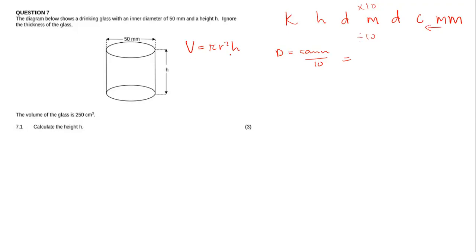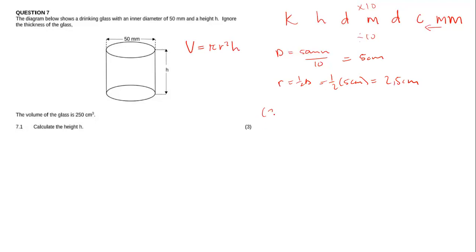It's going to be 5 centimeters. But remember, this is a diameter. The radius is half of the diameter. In this case, half multiplied by 5 centimeters gives 2,5 centimeters. Therefore, this will be my radius.